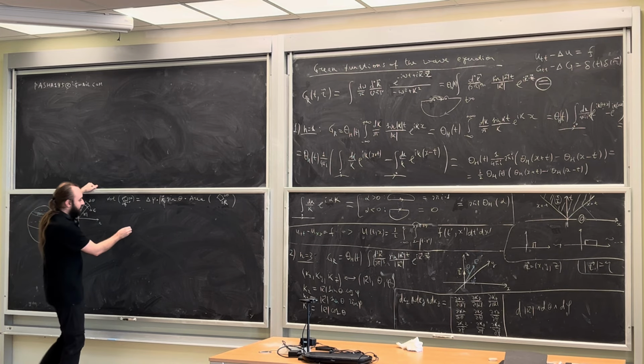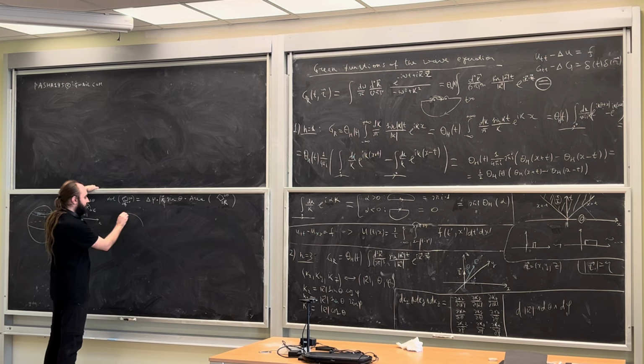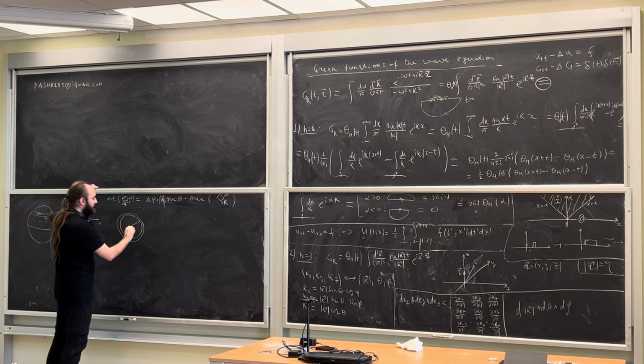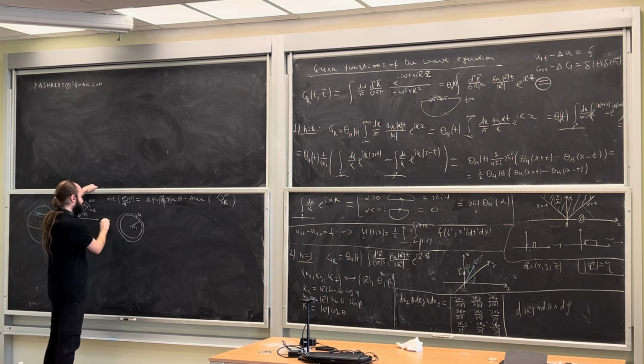But if I ask a simple question, if you have a ring of a radius absolute value of k and with width delta k, what will be its area?